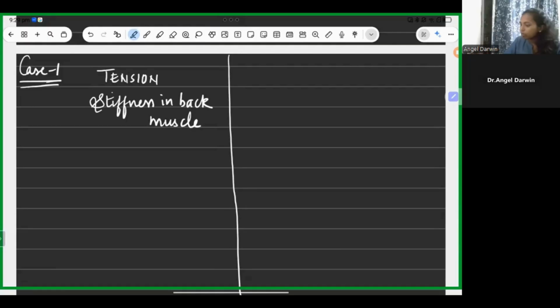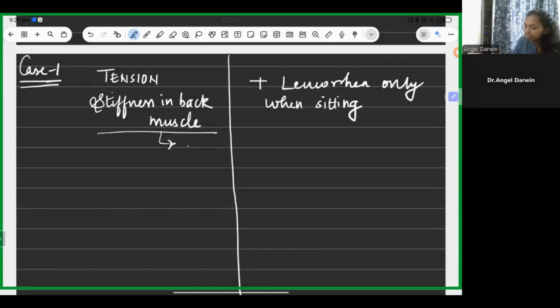Along with this, the patient says, whenever I get this tension and stiffness in back muscle, I also get leukorrhea only when sitting. This symptom will have at least 50 to 60 remedies. But when you add this chief complaint with this, it lands up in one remedy, that is Fagopyrum.